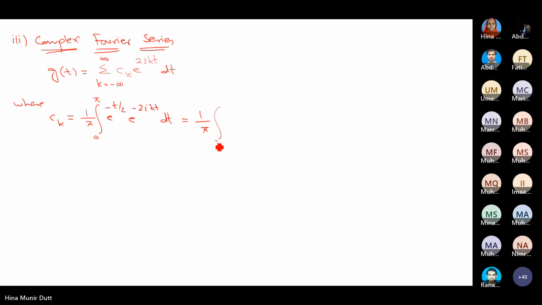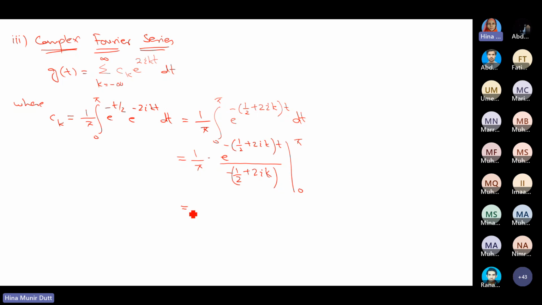and I can write it as e to the power minus 1/2 plus 2 iota k, t dt, which is equal to 1/pi integral of this e to the power minus 1/2 plus 2 iota k t divided by the same minus 1/2 plus 2 iota k, from pi to 0.